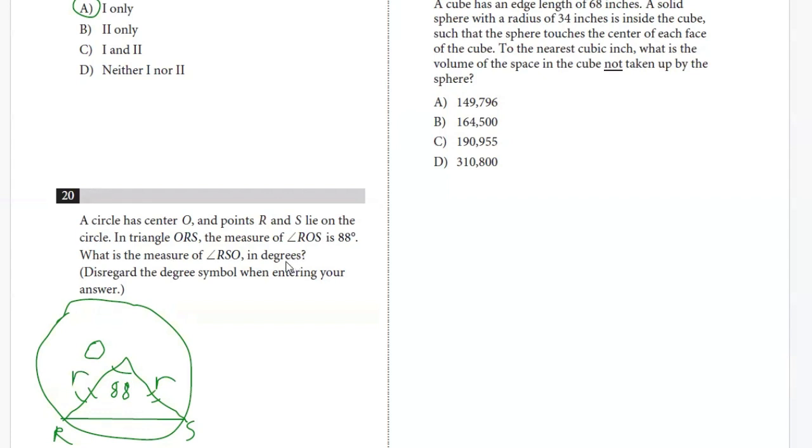And we're looking for this angle over here, RSO. But we also know that this angle is also equal to x, right? Because this is an isosceles triangle. So what we're going to do is, if we add up all the angles, it becomes 2x plus 88.